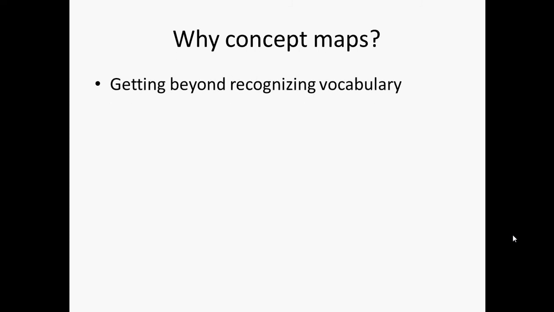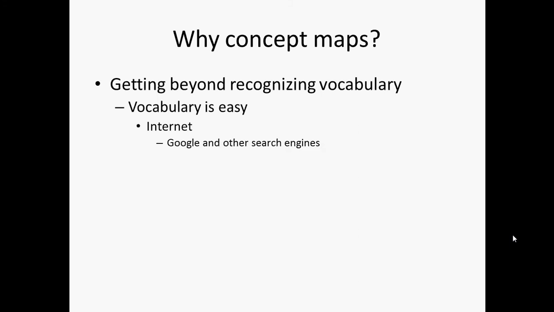Concept maps can also help you get beyond memorizing vocabulary terms. With so many resources, knowing a long list of vocabulary is not always the most useful skill. Knowing vocabulary is too easy. We have the internet with Google and other search engines.